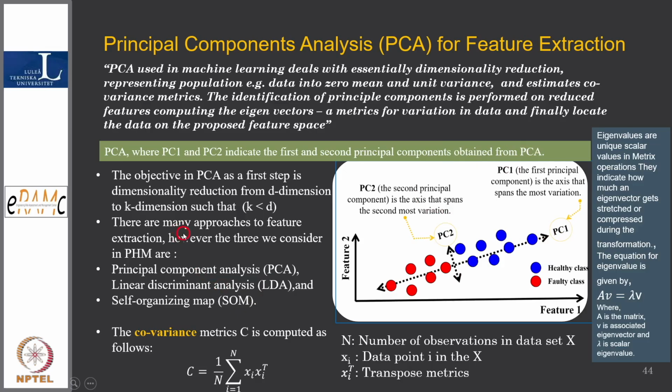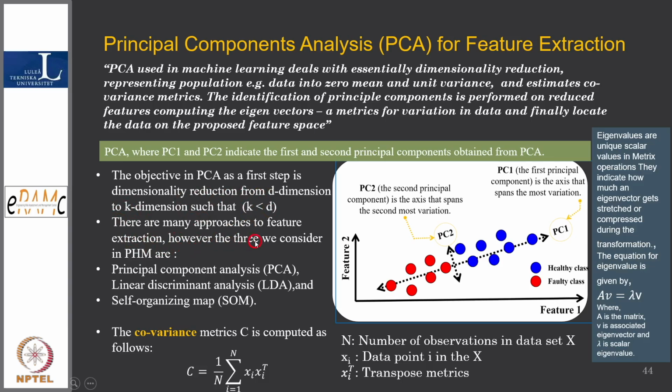The objective in PCA, as in the step, is dimensional reduction. We said that. And what is the dimensional reduction? From whatever dimension was there, now K is smaller than D. Reduction from D dimension to K dimension, first step. There are many approaches to feature extraction.